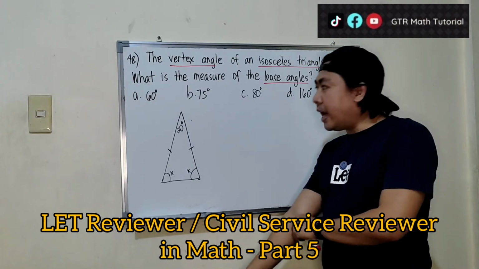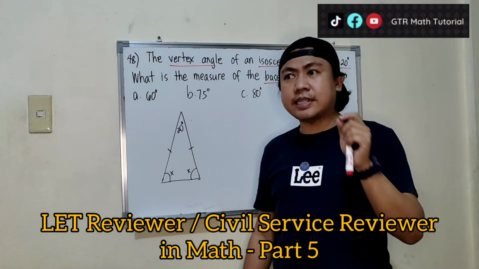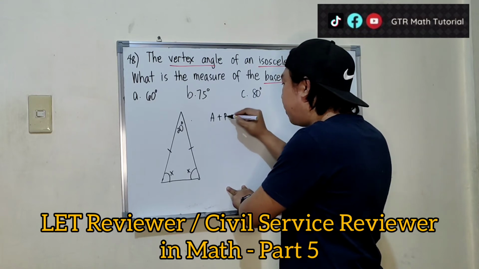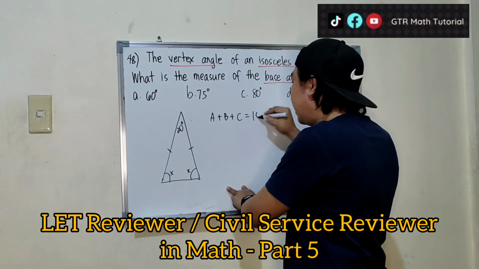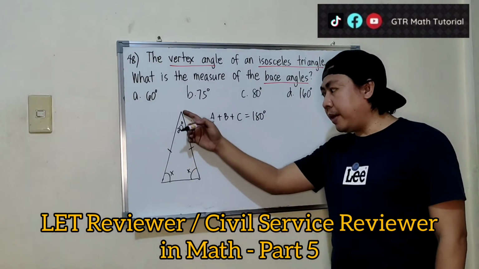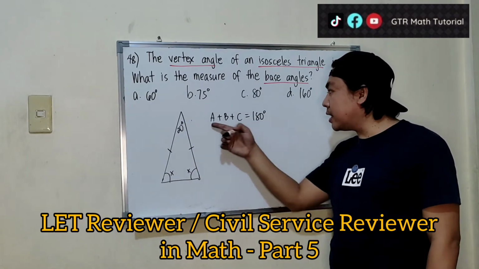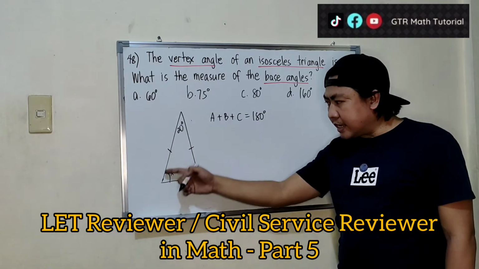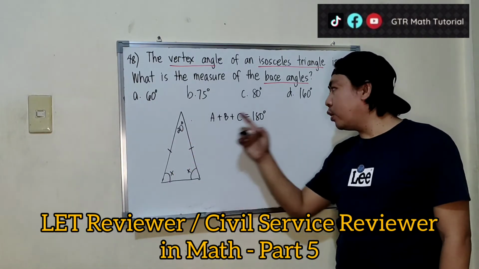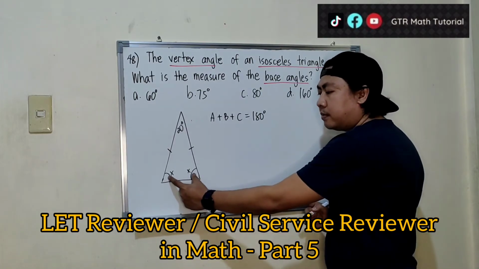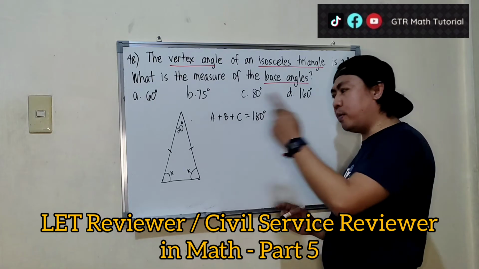So angle sum theorem, ang sum ng tatlong angles ng triangle A plus B plus C equals 180 degrees. Okay? If we have A, B, and C, ang angles natin, ang sum ng tatlo ay 180 degrees. Therefore, just get the sum of the three angles, then equate to 180, solve for x. Dahil parehas to, parehas x ang ilalagay natin.